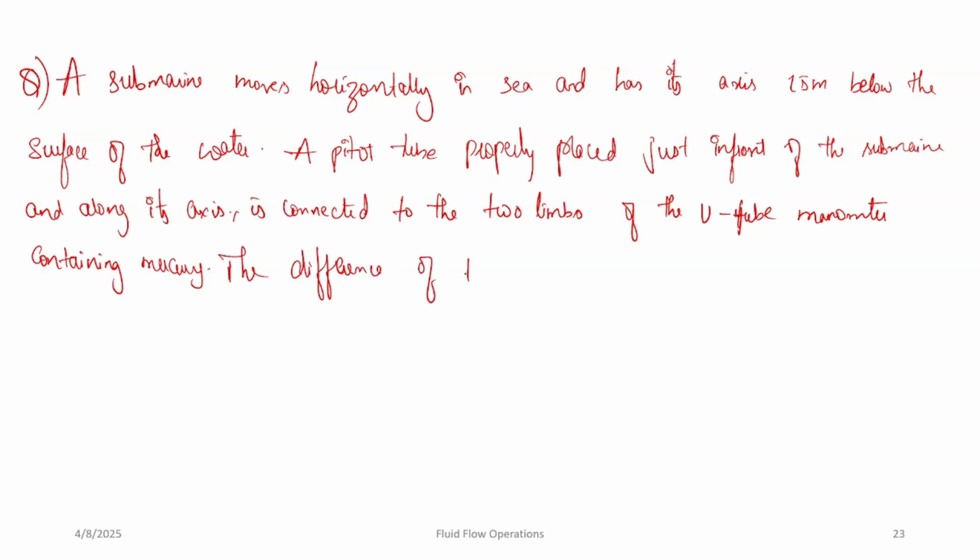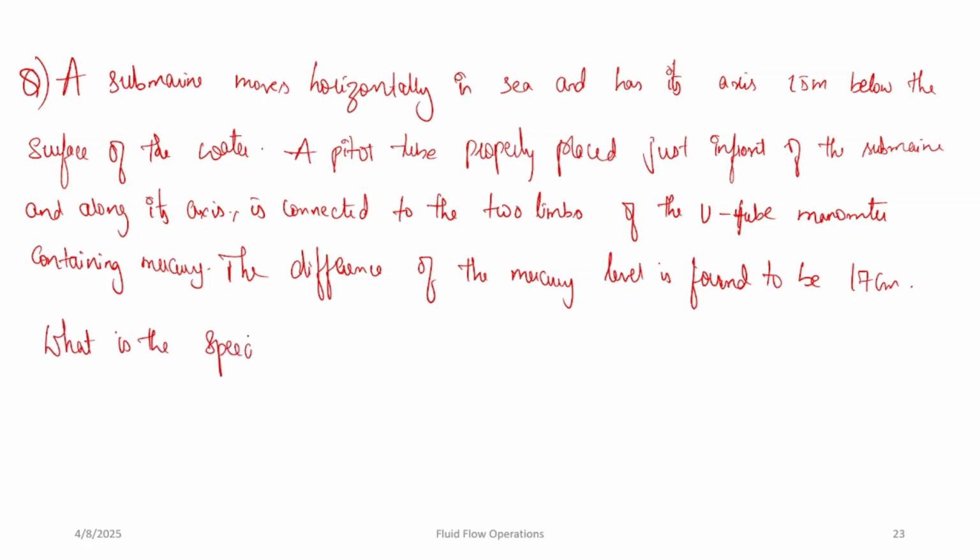The difference of the mercury level is found to be 17 centimeters. What is the speed of the submarine?